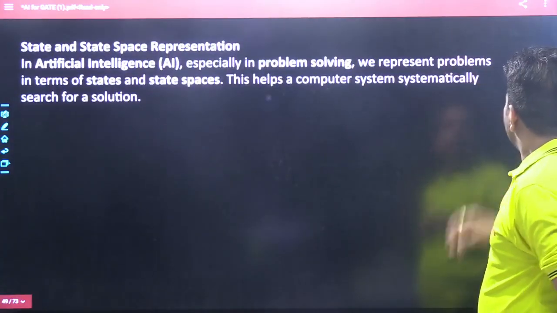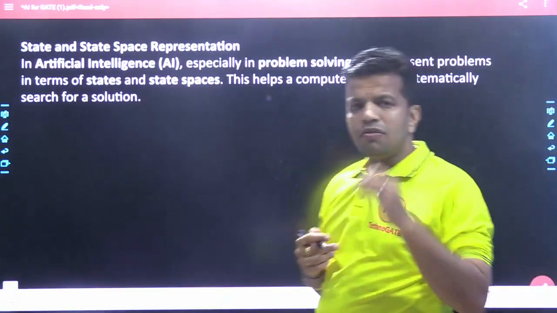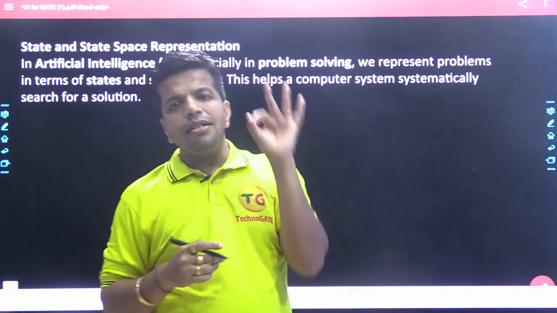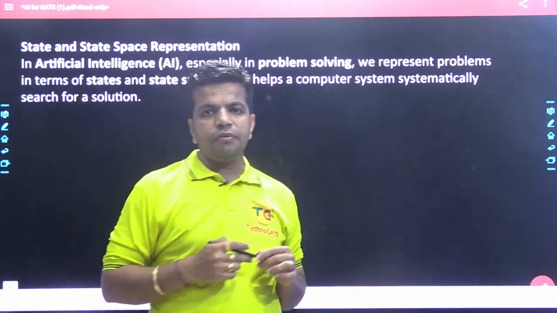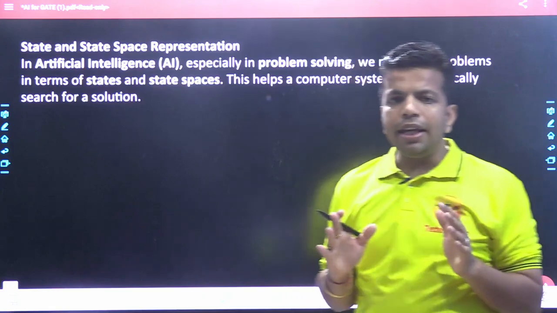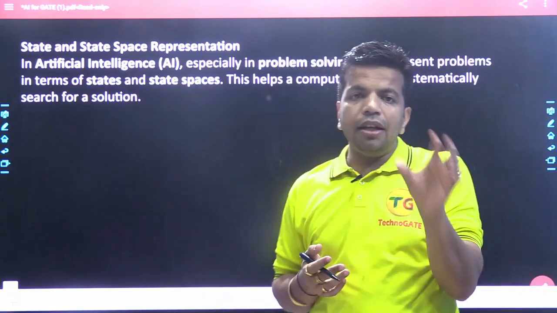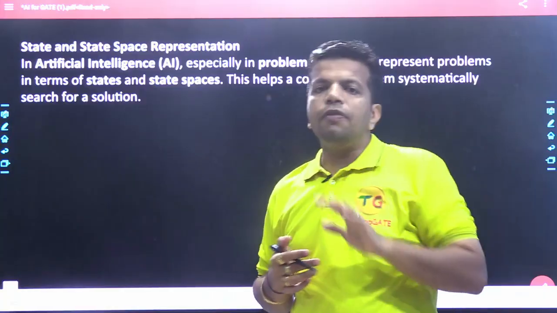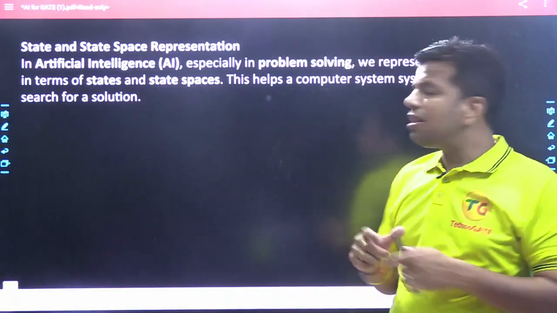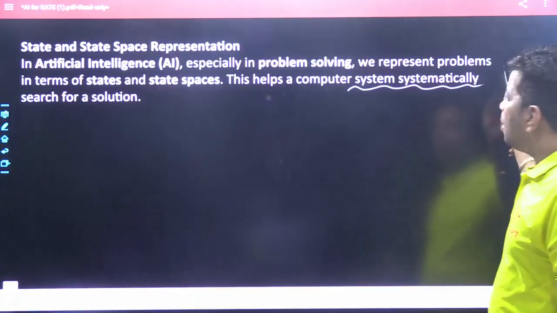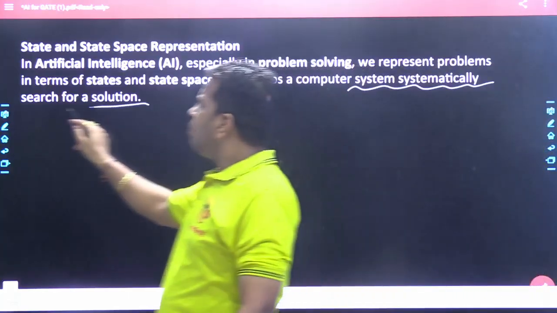Now the next terms that come to mind are: what is a state, and what is state space representation? If we are talking about AI, especially in problem solving, we represent a problem in terms of states as well as state space. It helps a computer system make a systematic search for a particular solution.